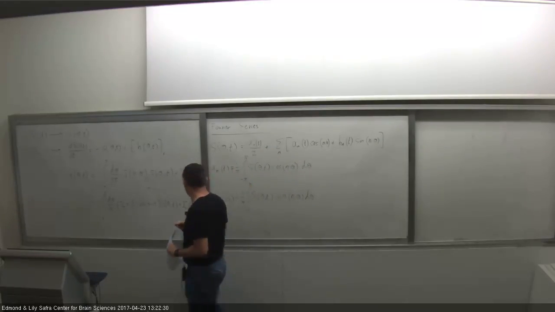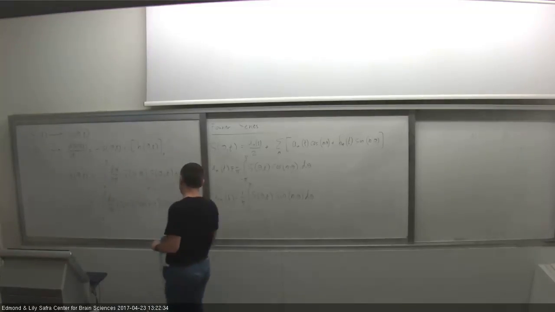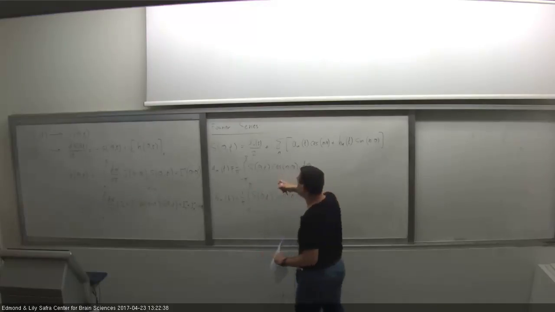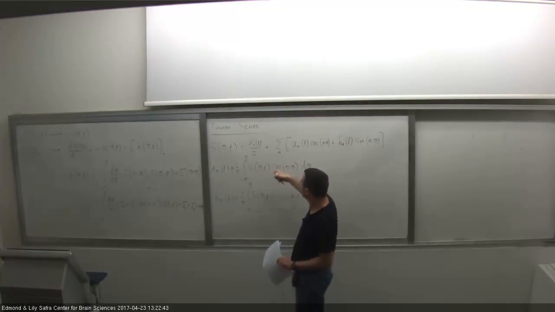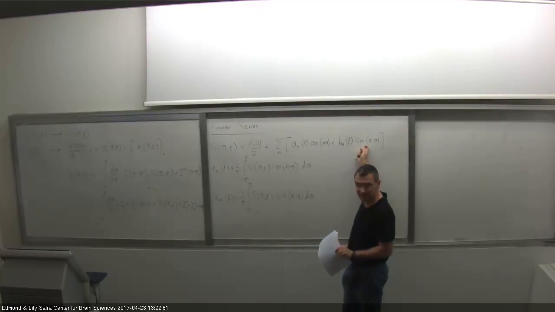There will be a term that will look like J0 times this cosine term, which will be equal to 0, or this J0 times these sine terms, which will be equal to 0.